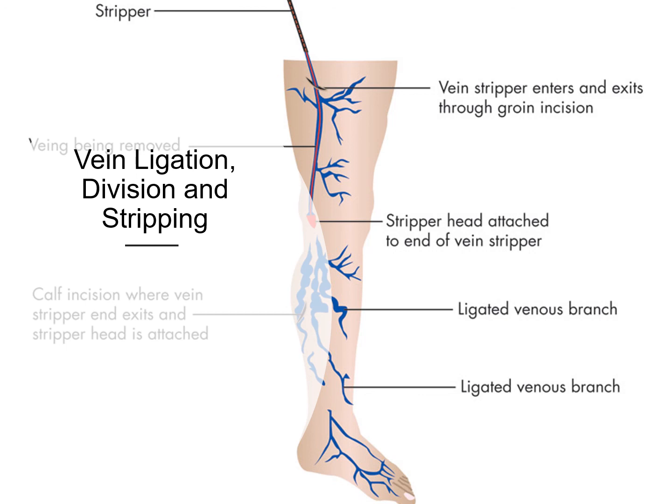These procedures, like your ligation, division, and stripping procedures, are done for two main reasons. One, and you see these commercials all the time, the patient has varicose veins. And in conjunction with the removal of the varicose veins, they're doing the ligation and the stripping to prevent the varicose veins from reoccurring.